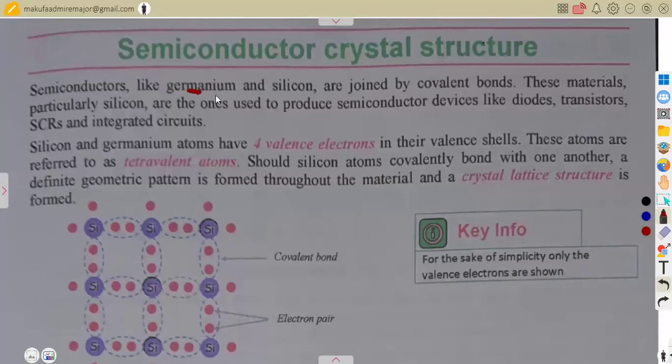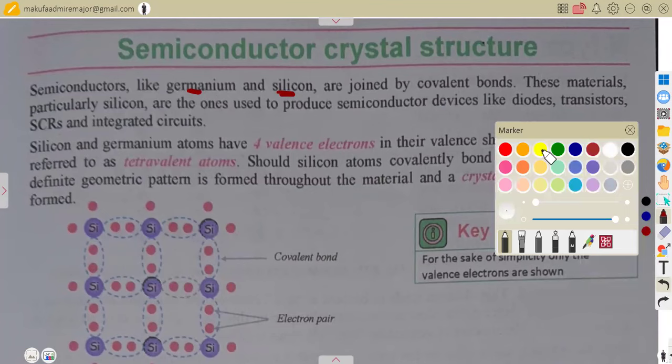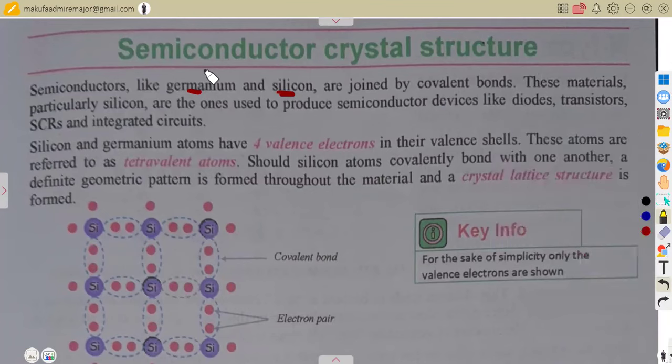Semiconductors like germanium and silicon are joined by covalent bonds. Remember, our germanium in terms of atomic number is 32, but it has 4 valence electrons, the same as silicon. That is where they get their properties, because the electrons at the outermost shell are the same number.